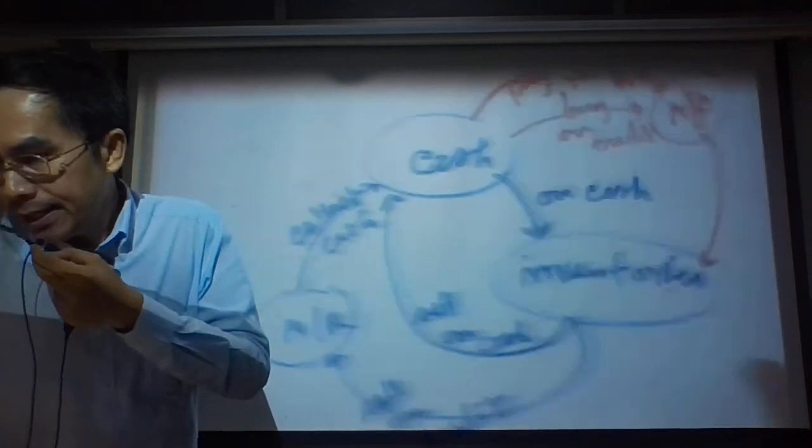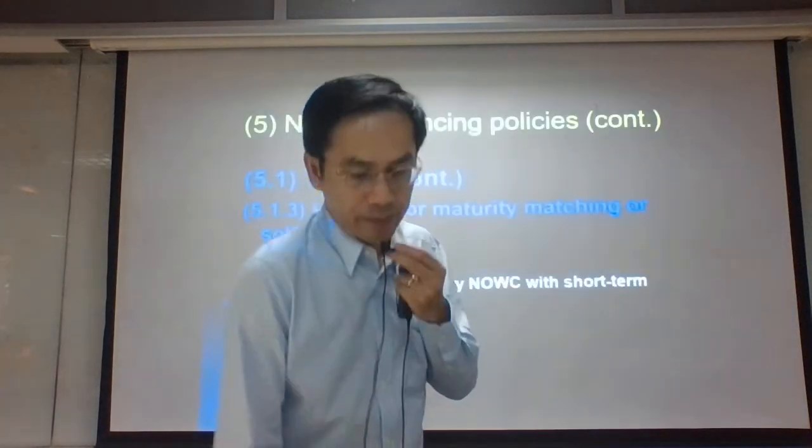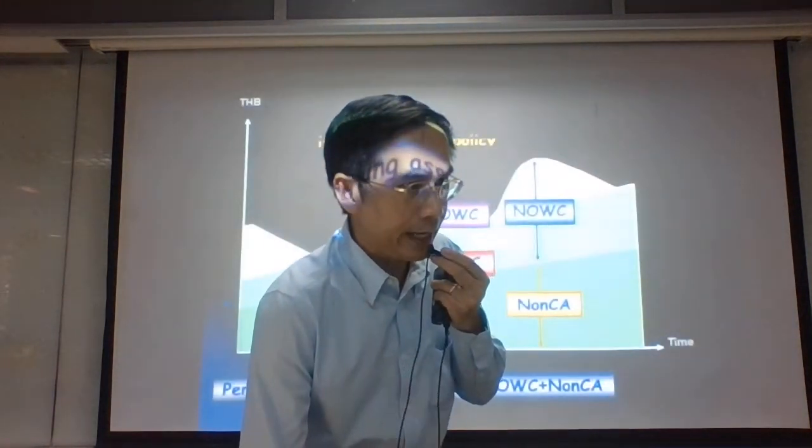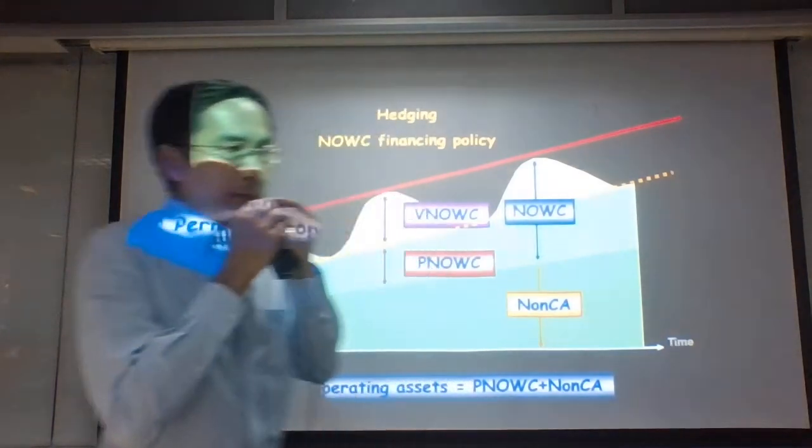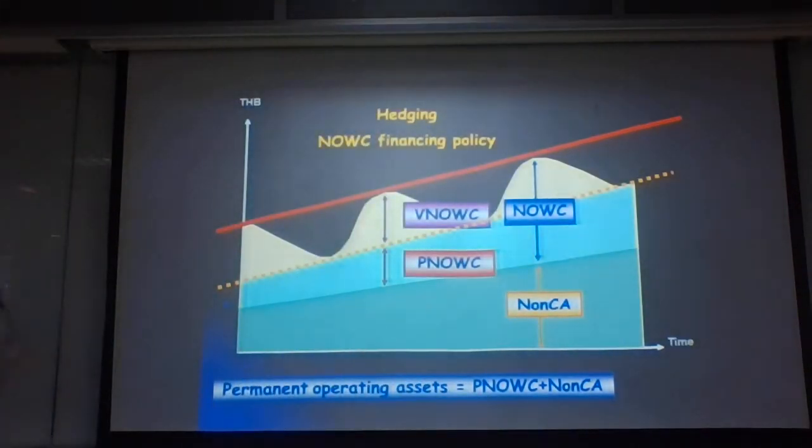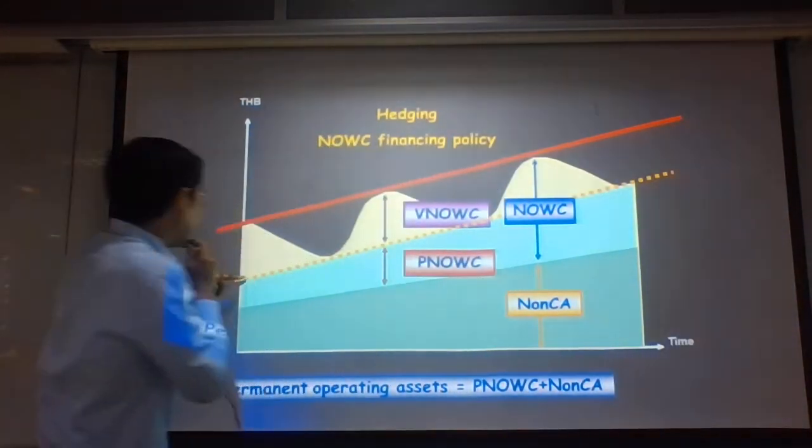Okay. Right? Now, take a look at the graph again. Please be careful. You have the dotted line already. And now, the dotted line must be exactly on the connecting line.